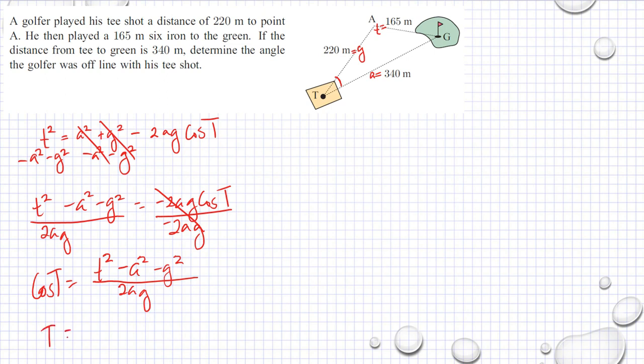And our T now is equal to our cosine, and then our T squared is 165, and then we have A 340 squared, G is 220 squared divided by 2 times A is 340, G is 220. Okay, and then we will solve that by our calculator.